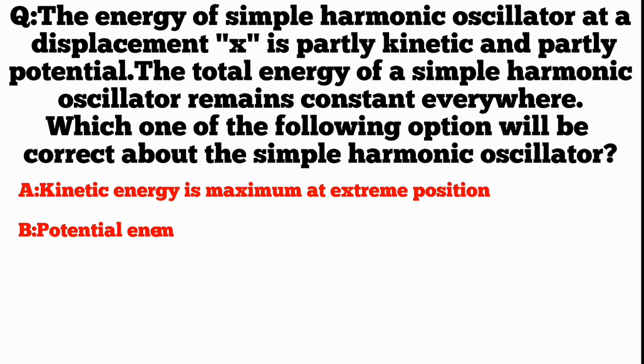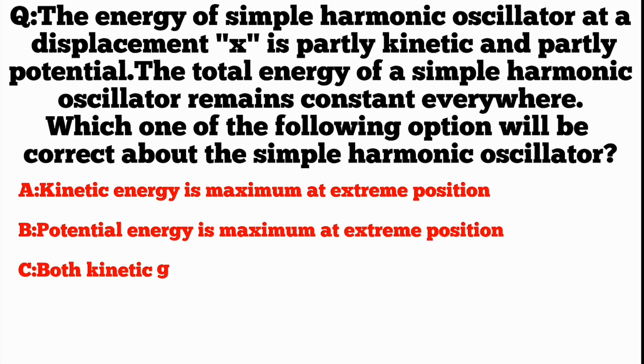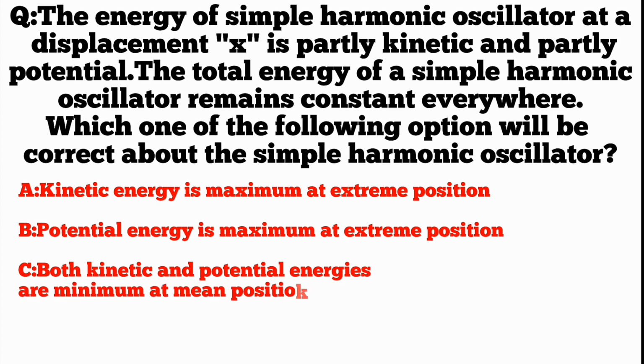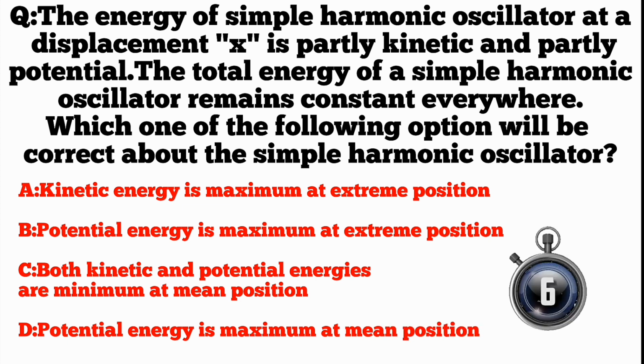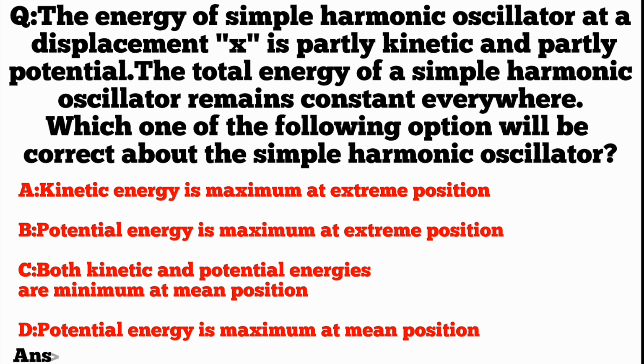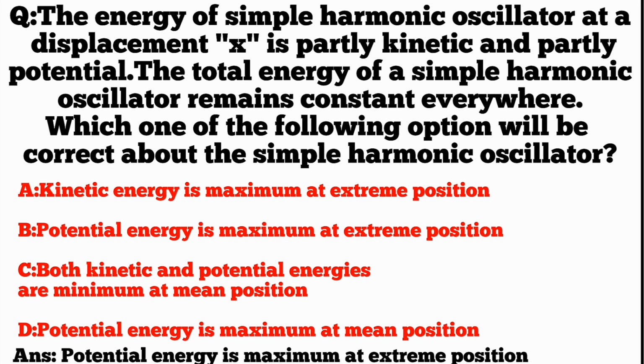B. Potential energy is maximum at extreme position. C. Both kinetic and potential energies are minimum at mean position. D. Potential energy is maximum at mean position. Answer: Potential energy is maximum at extreme position.